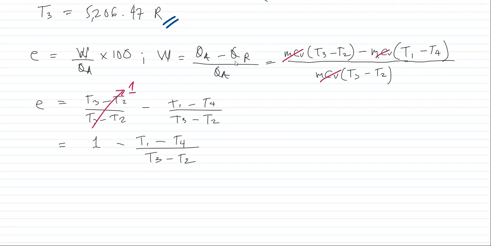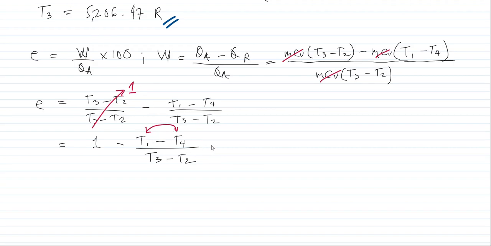But as I've said, we have to get the absolute value of QR. So I should rearrange T1 and T4 so that this will become a positive answer.